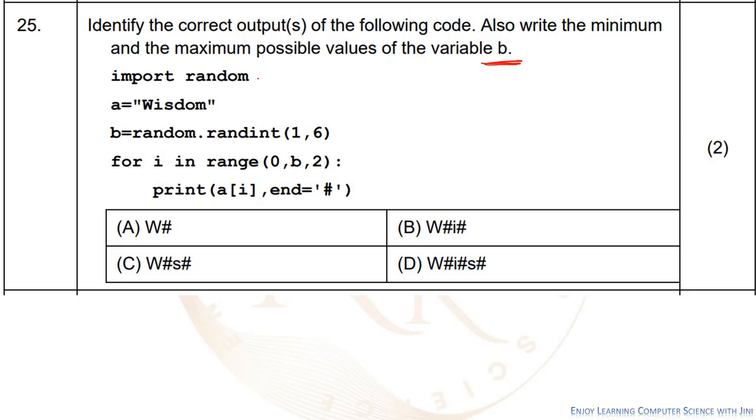So import random, we are importing the random module. So A is equal to wisdom is given, correct? So for answering random questions, one trick is please cross out the impossible options or incorrect options, then you will end up with correct options. Okay, we'll see. Now b is equal to random dot randint of 1, 6.